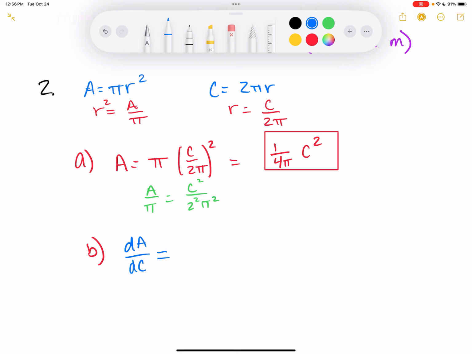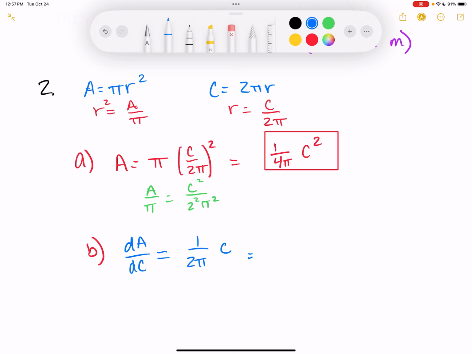is equal to, what would the derivative of this be? Wait a second. Would it be 1 over 2 pi times C? Yep.